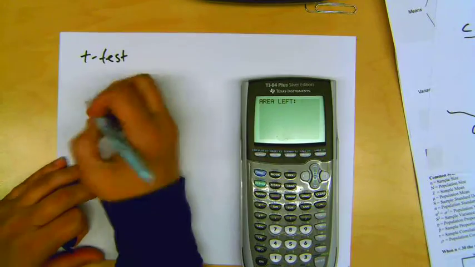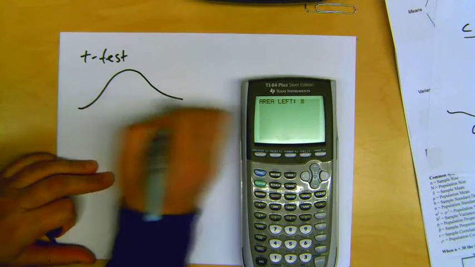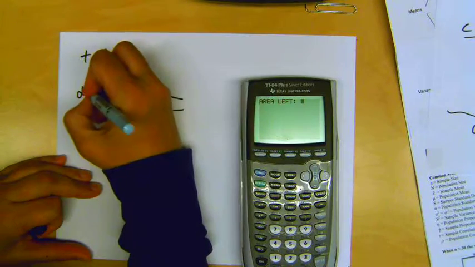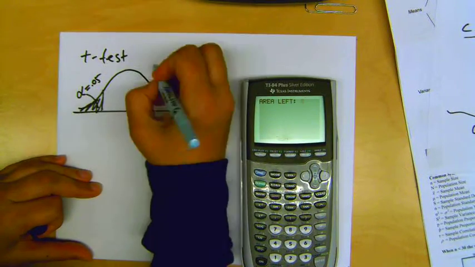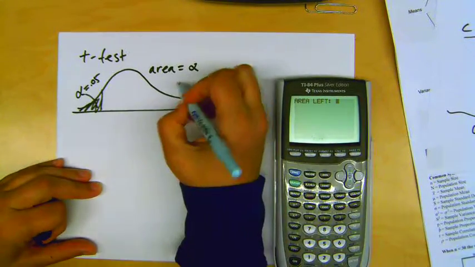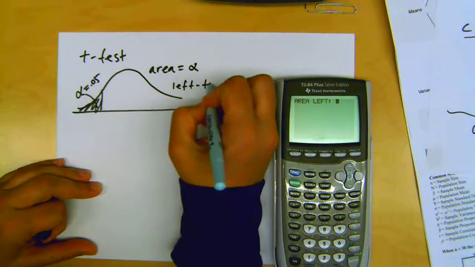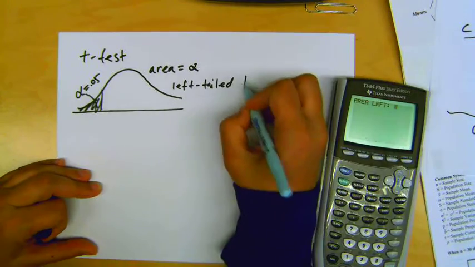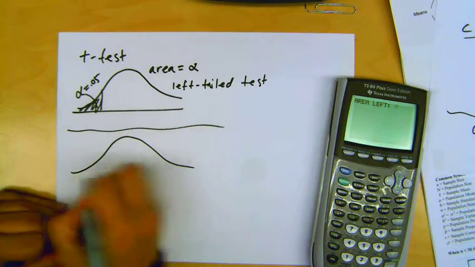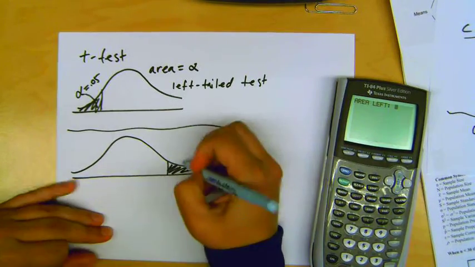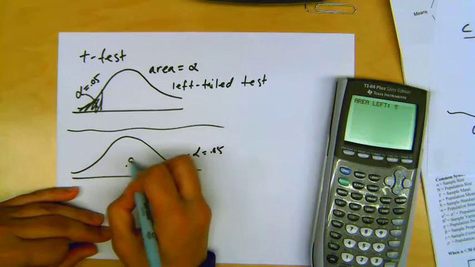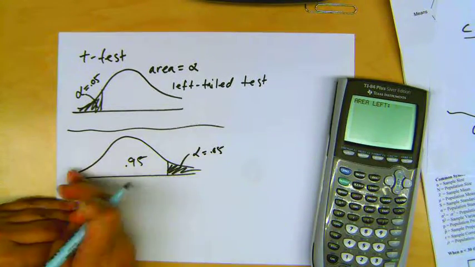So if you have a left-tailed test, your area is going to be equal to alpha. If you have a right-tailed test, so alpha 0.05 is still here, but the calculator wants how much area is to the left of that point.